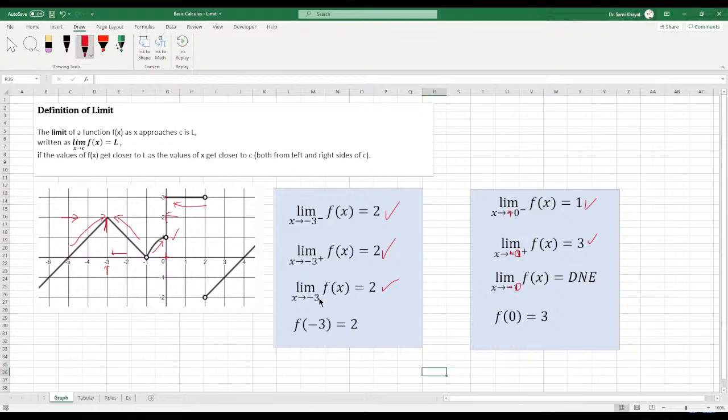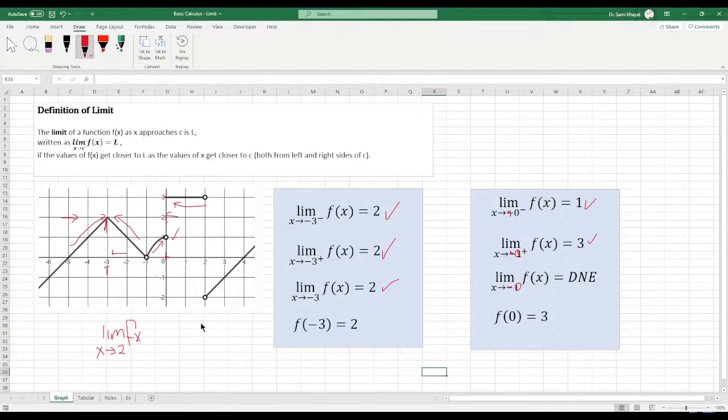The function value at 0 is this one, not this one. Excuse me. Now, let's get another example. What is the limit of x approaching 2 of this function? This is 2.